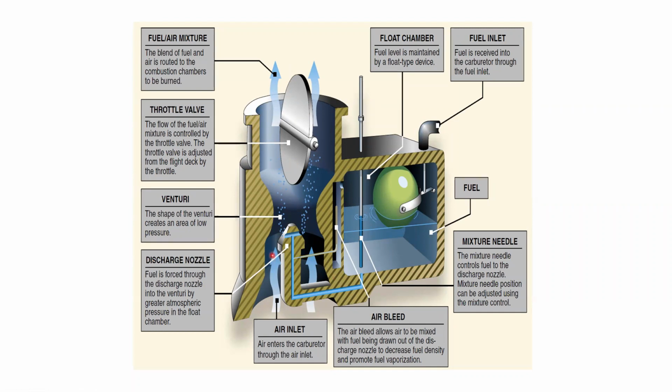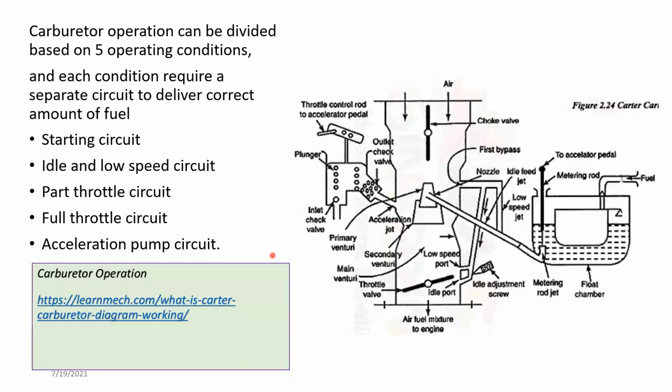I'll explain this a little better in the carburetor operation, where we discuss this section in 5 steps. For any carburetor to operate, it has to meet 5 operating conditions: starting, idle and low speed, part throttle, and full throttle circuit.